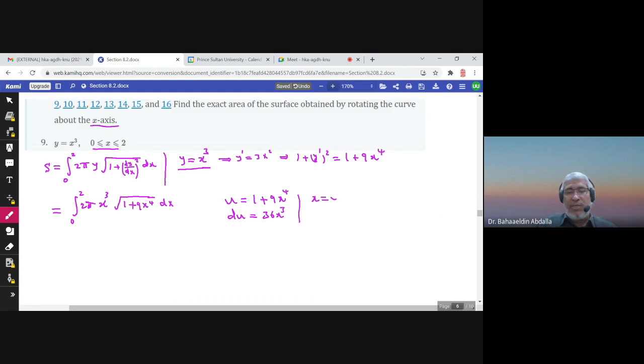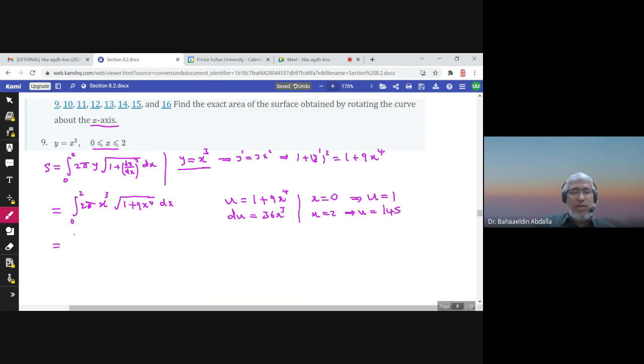When x is 0, I replace x by 0 here, so u would be 1 plus 9 times 0, which is 1 plus 0. And if x is 2, then 2 to the power 4 is 16, and multiplying by 9, adding to 1, so u would be 145.